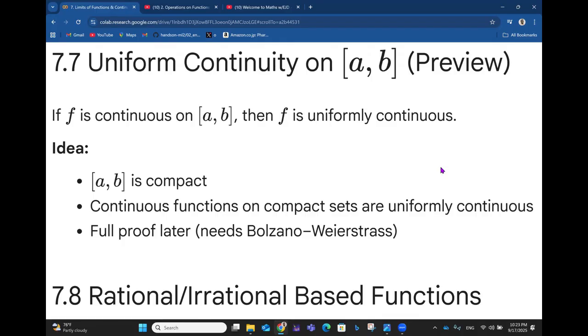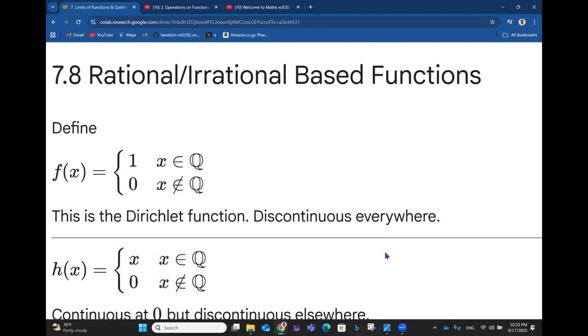The idea is that AB is compact, and continuous functions on compact sets are uniformly continuous. So every continuous function on a compact set is uniformly continuous. The full proof can come later, and it requires the Bolzano-Weierstrass theorem, which we had seen, I think, in a previous video.